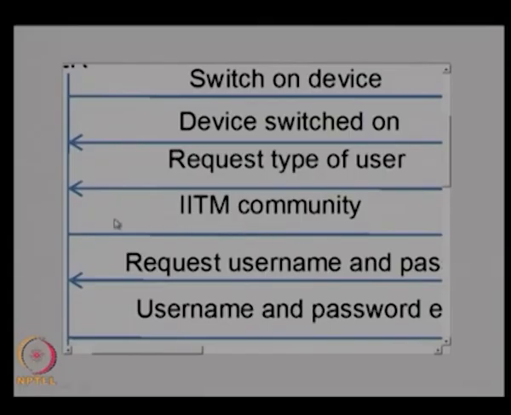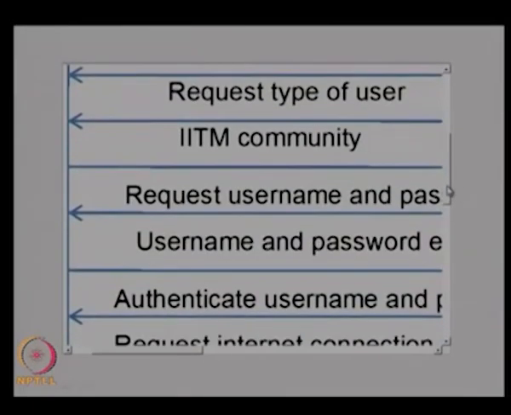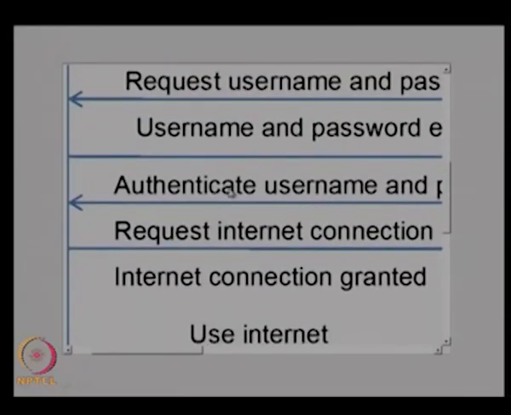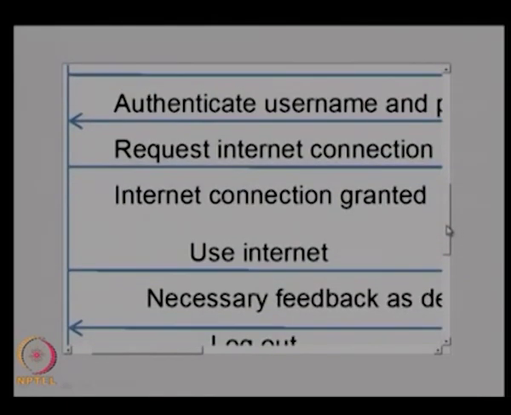that information will be given, and then the username and password data will be requested, and then the feedback about the authentication will be given. Then the request for internet connection will be given by the user to the system, and then you will get a feedback that the connection is established.